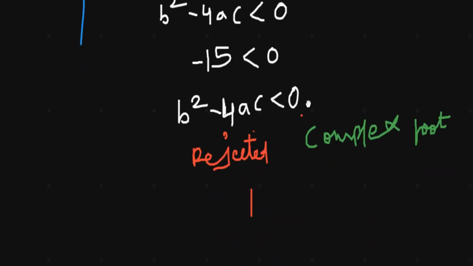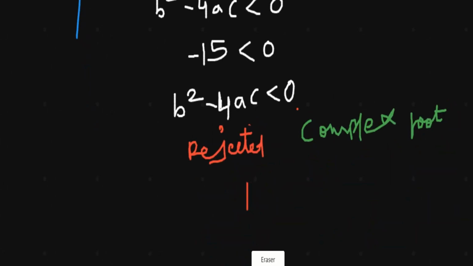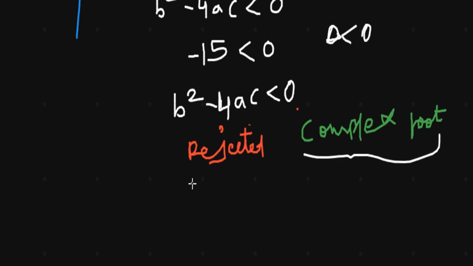So friends, this is rejected here because b square minus 4ac is less than 0, and if delta is less than 0, this is a complex root here. So the solutions for t are rejected here.